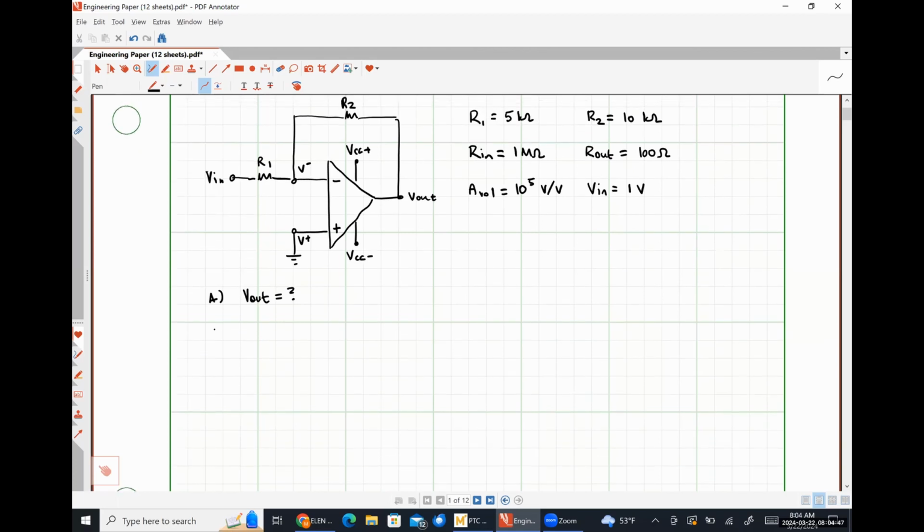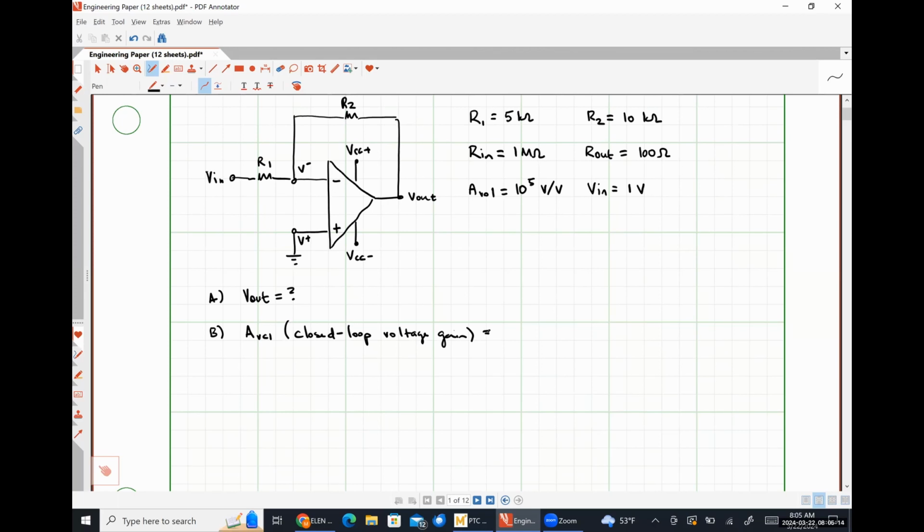The next thing that I want us to find is AVCL. So this is the closed loop voltage gain, and it effectively represents the voltage gain of the system as a whole, right?